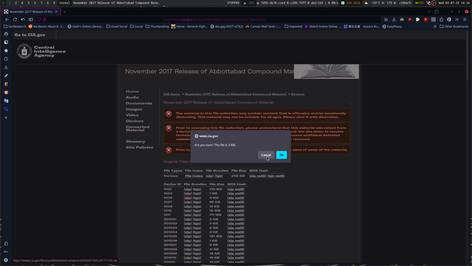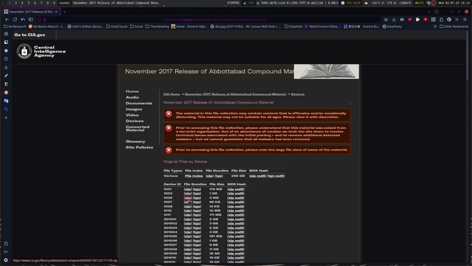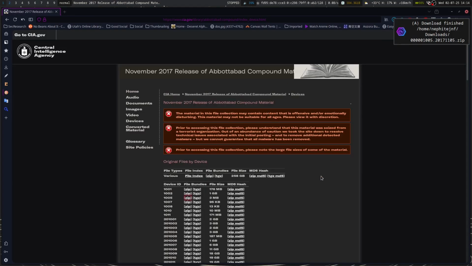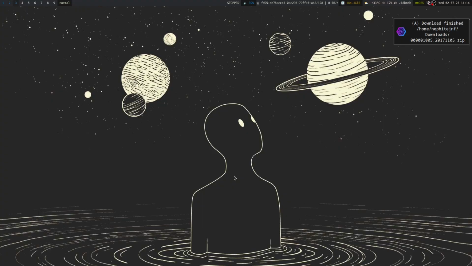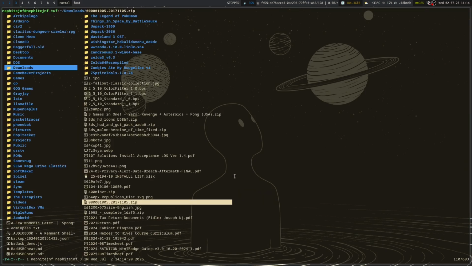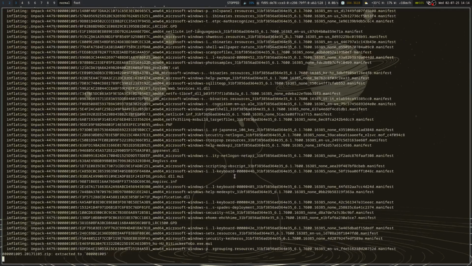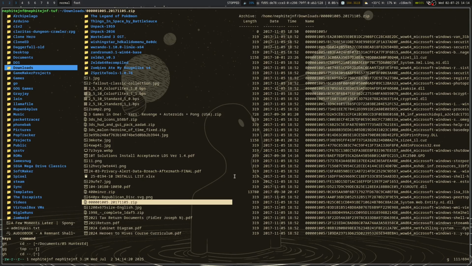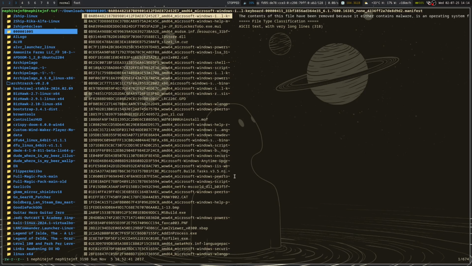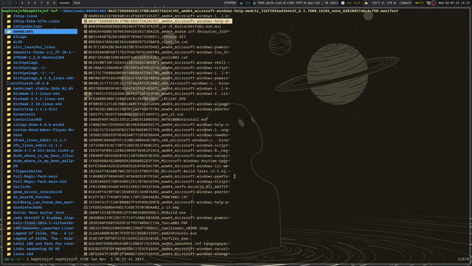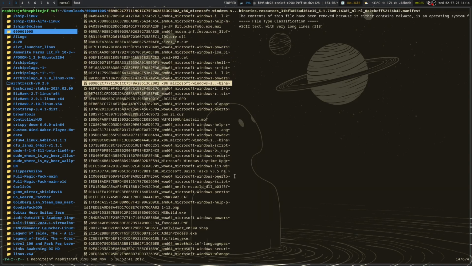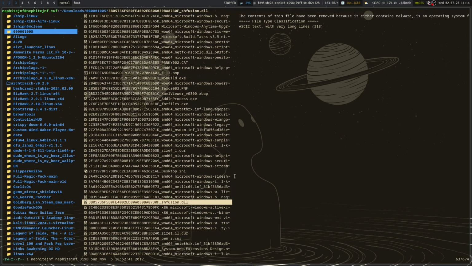So we can, yeah, we will take that, and then all we got to do is go to downloads F. Okay, so a lot of stuff is missing because it was malware previously, apparently, but yeah.